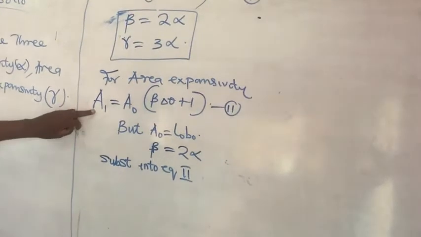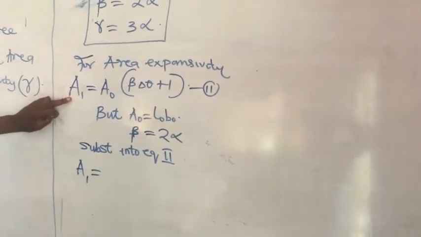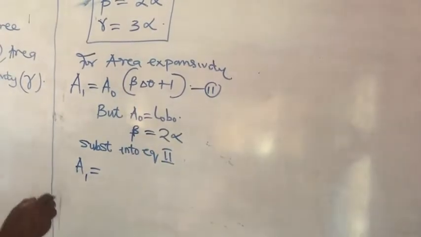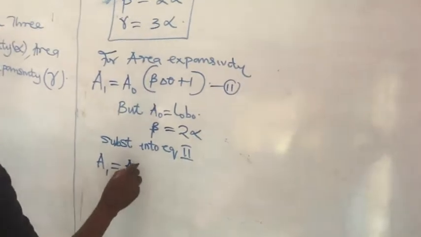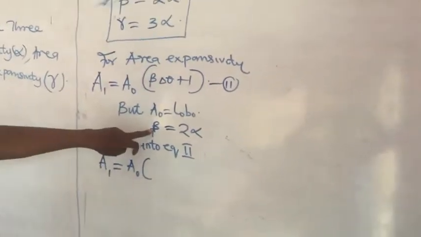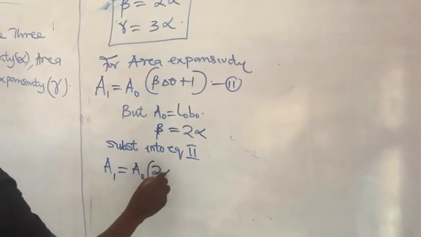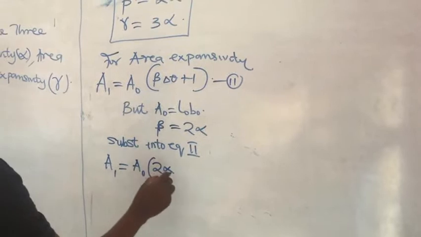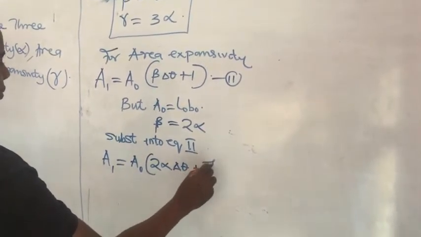If we do that, we're going to have A1 equal to A0 bracket. Instead of writing beta, we use 2 alpha, delta theta plus 1.